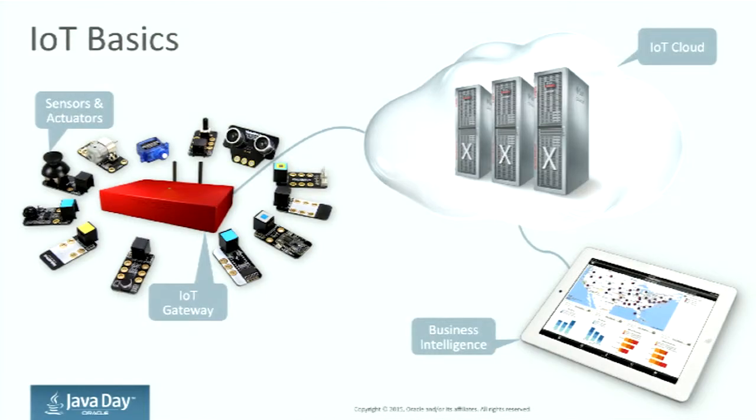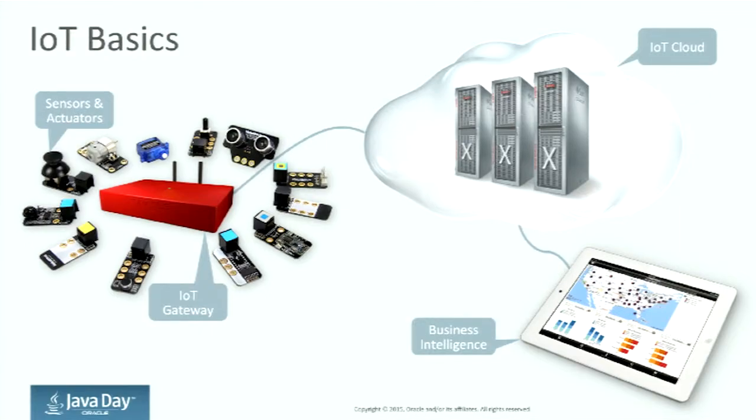This is how you connect the real world to the digital world, but they're very low level. So we connect those up to a gateway device, and that bridges between those small low level devices and the cloud and the internet. That's our things to the internet, so Internet of Things.